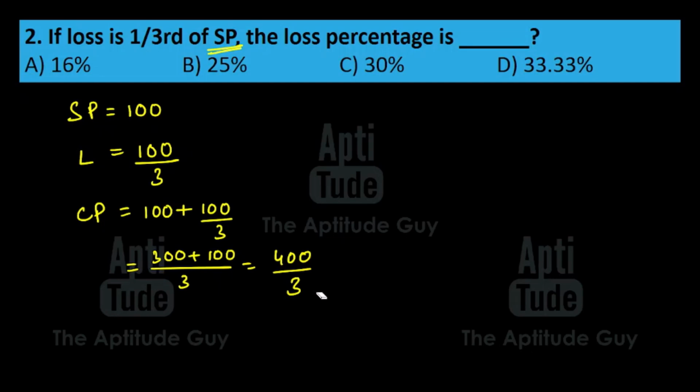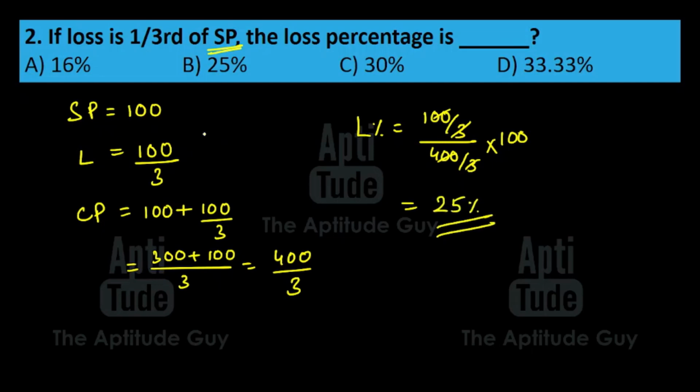This is the cost price, and this is the loss. So, simply put, loss percentage is loss divided by cost price into 100. So 3 and 3 gone, 0, 0 gone. We have 100 by 4, that is 25%. Answer is option B. Done.